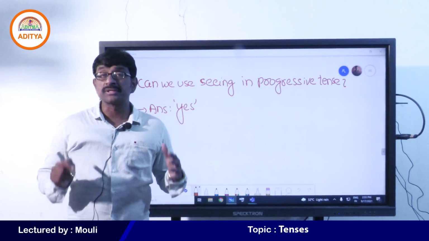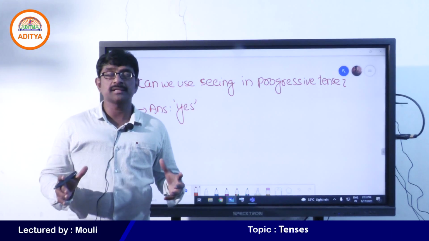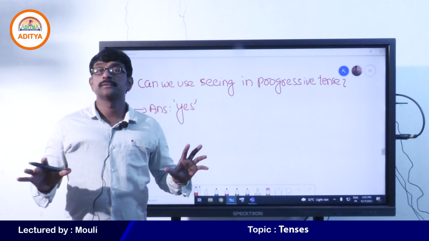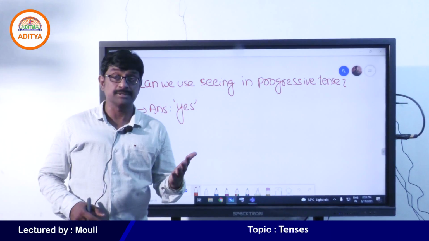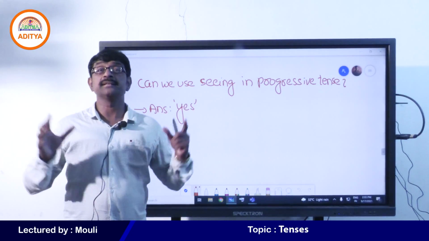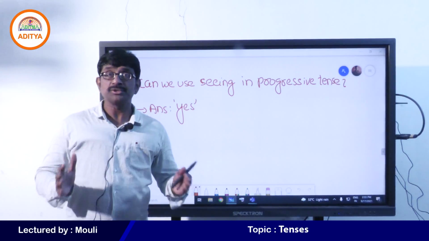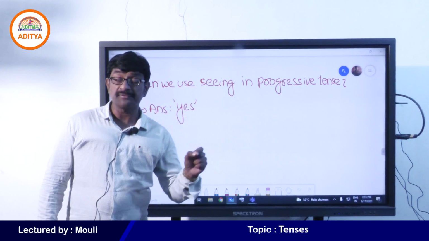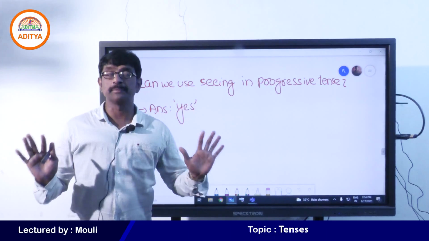If you want to use seeing in present progressive tense, it should mean that you are meeting someone, not seeing a movie, not seeing TV, not seeing some video, not seeing some YouTube, not seeing any program. All these are wrong. If you want to use seeing in progressive tense, you can definitely use it, but the meaning should be meeting. How will it be possible?